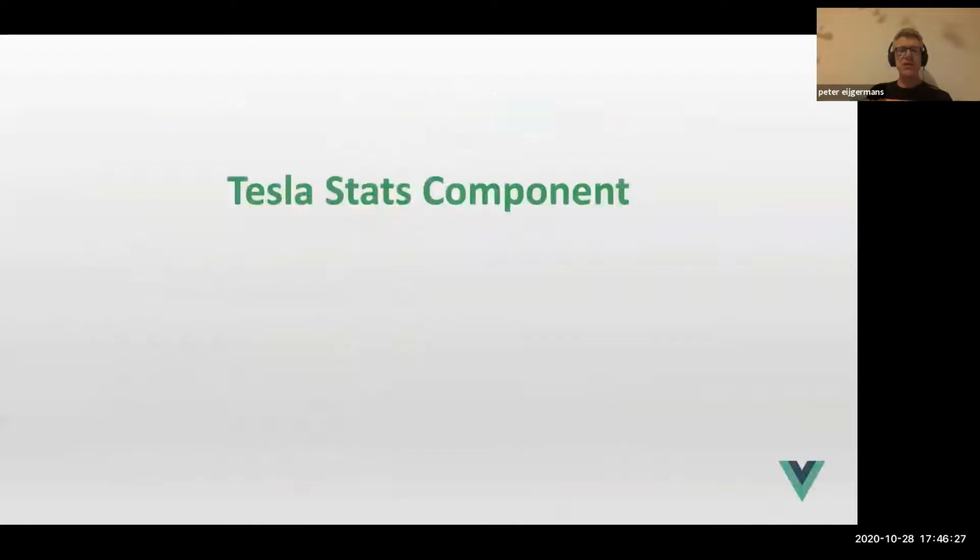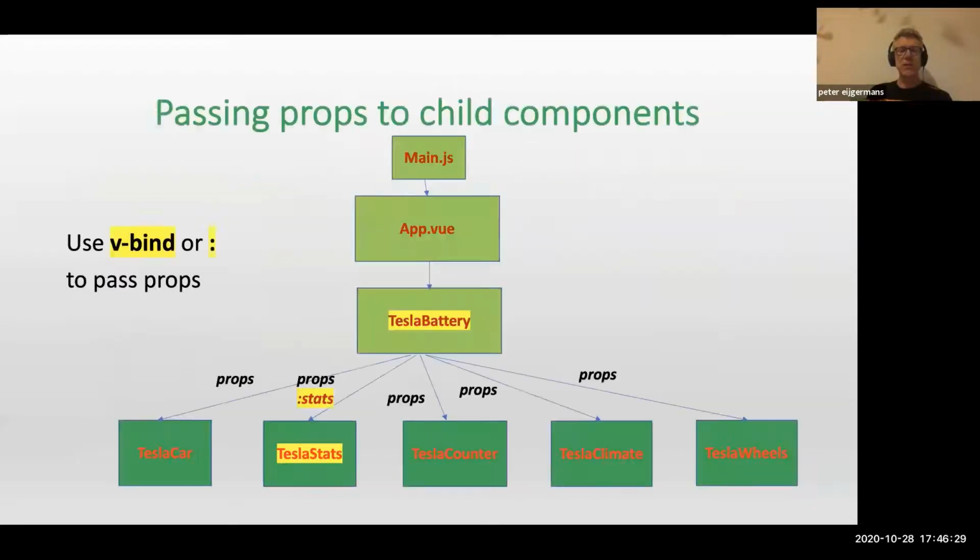Take the Tesla stats component, for example. Let's talk about that. How do we pass values, properties, to a child component? In this example, to the Tesla stats component, we do that with v-bind or a colon. So we said it before, the stats array, the colon you see here.